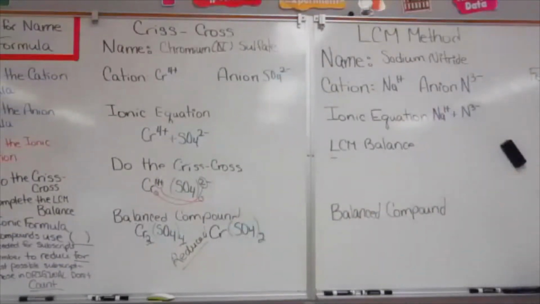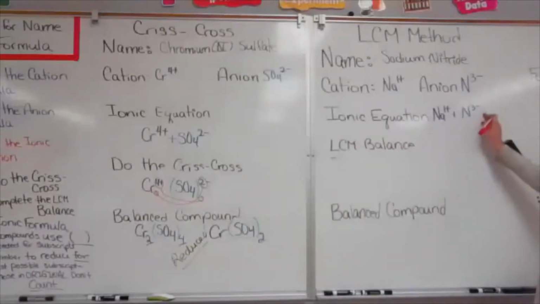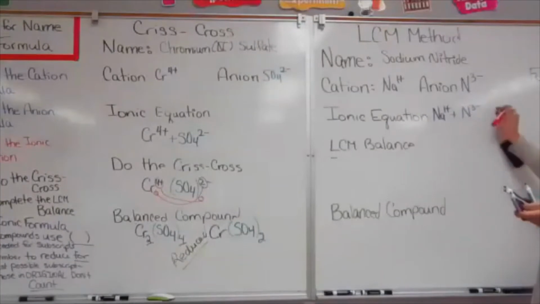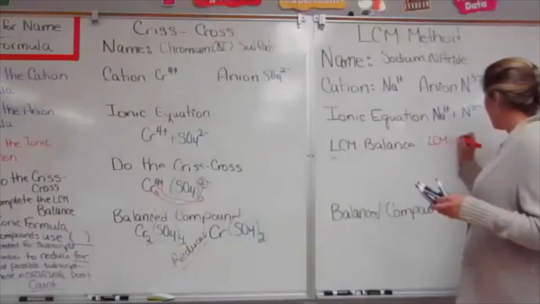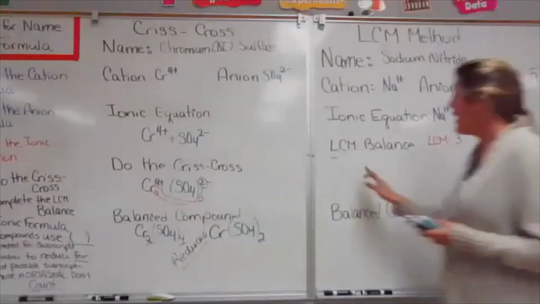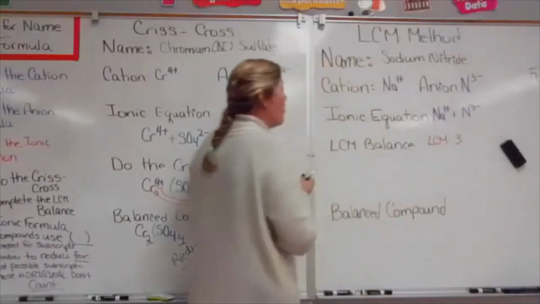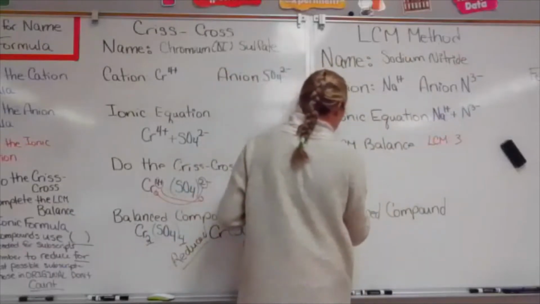Then you can do the LCM. Now looking at 1 and 3, the lowest whole number that they both go into is 3. So the LCM is 3. Then we can go ahead and do our LCM chart. You pull down your cation first, we put Na here.